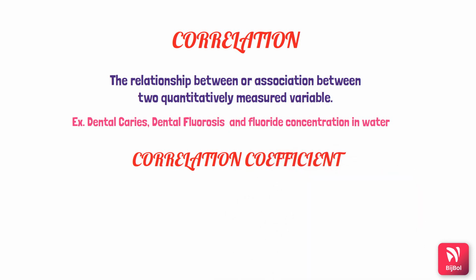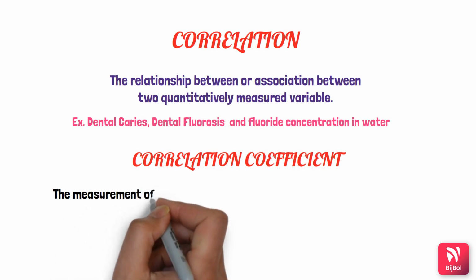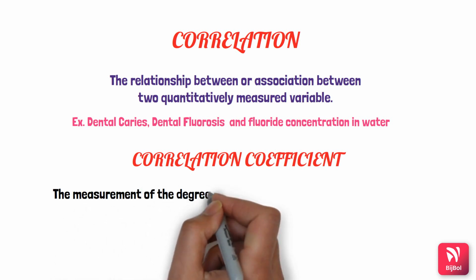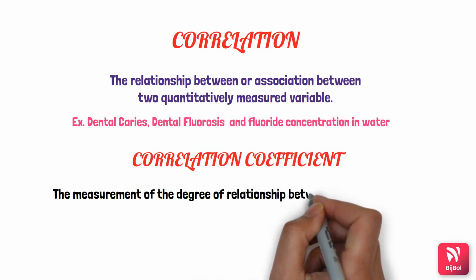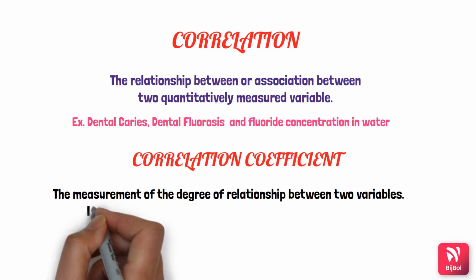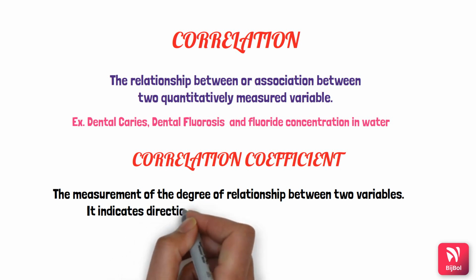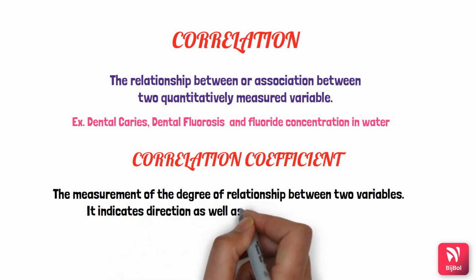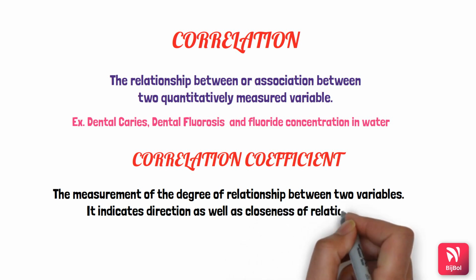Now, what is the correlation coefficient? To tell the relationship or the association, you need a measure. The measurement of the degree of relationship between two variables is known as the correlation coefficient. It indicates the direction as well as the closeness of the relationship between two variables.